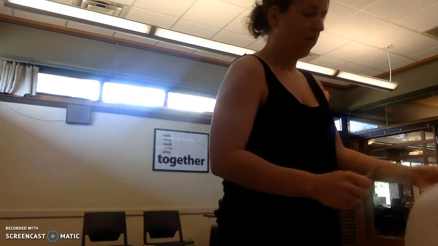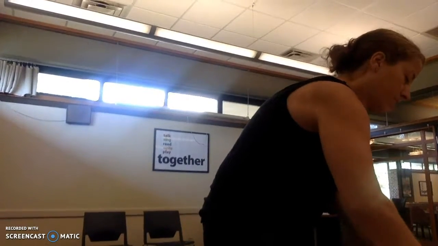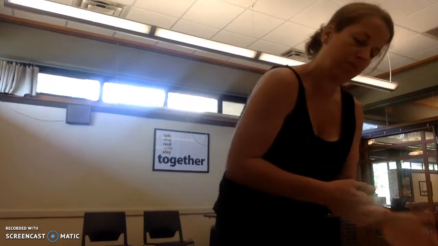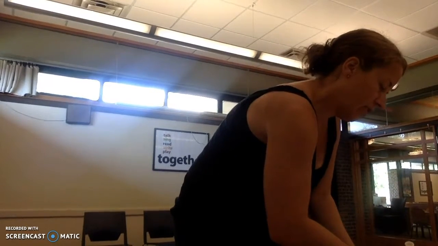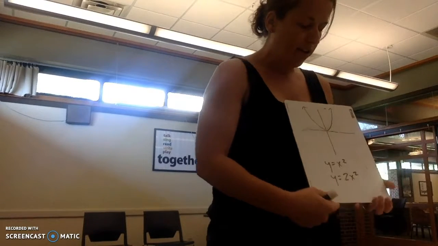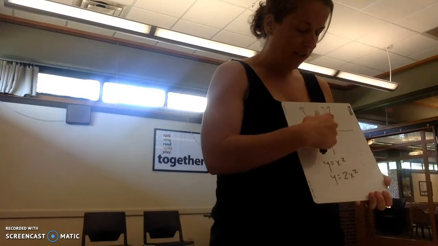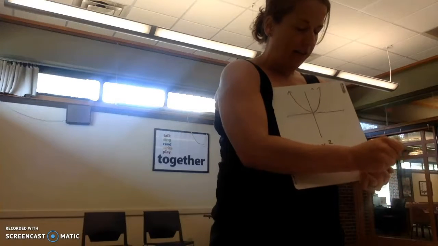So here's our graph of y equals x squared. Now we don't have any h or k variables, so it's staying right at the origin. But now a is the number 2.